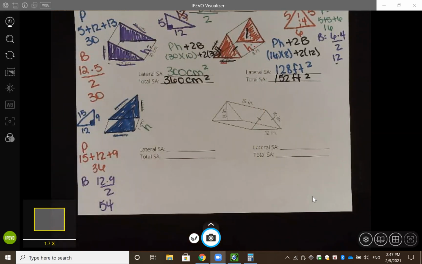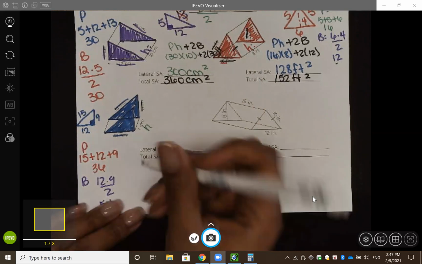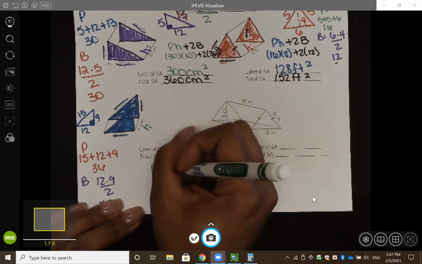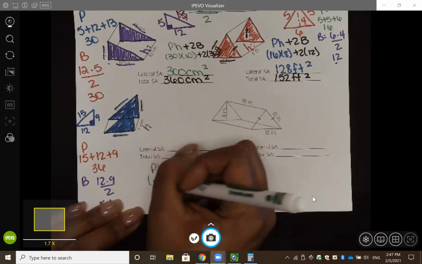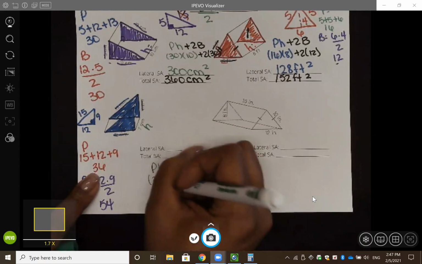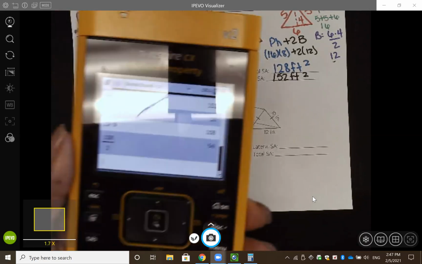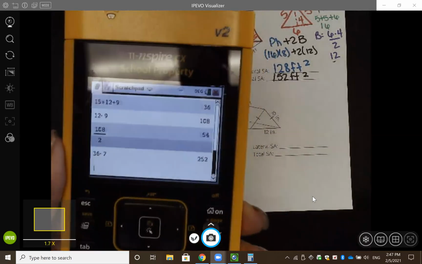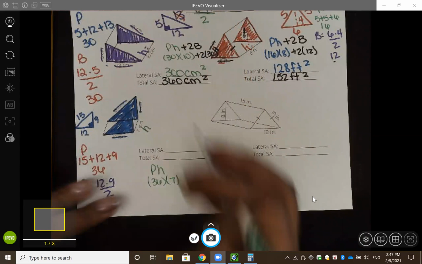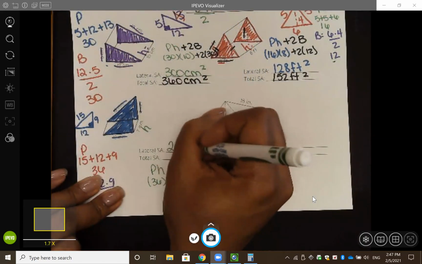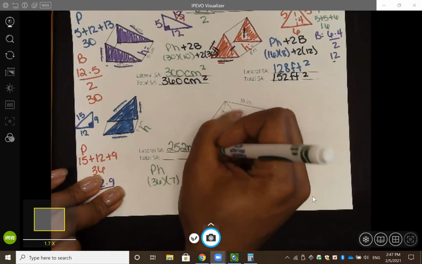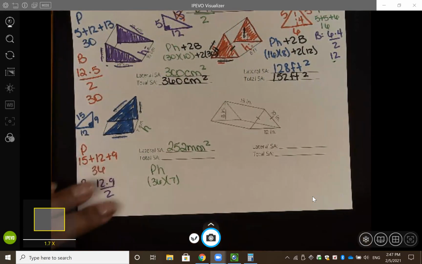Okay. So now lateral is perimeter times height. My perimeter is 36. My height is 7. 36 times 7 is 252. So 252 mm squared.